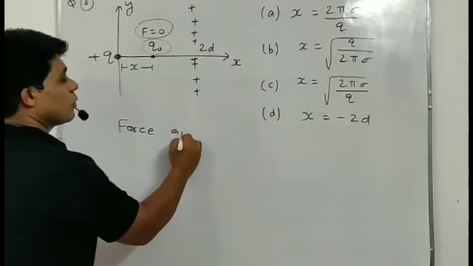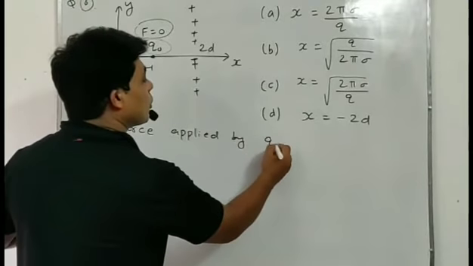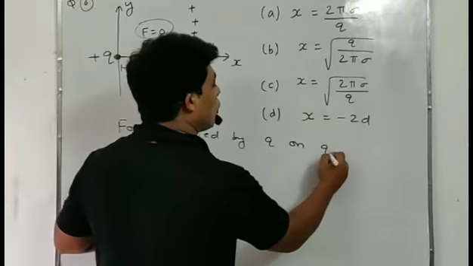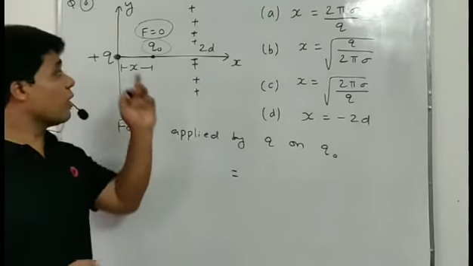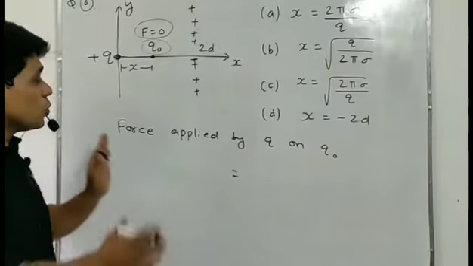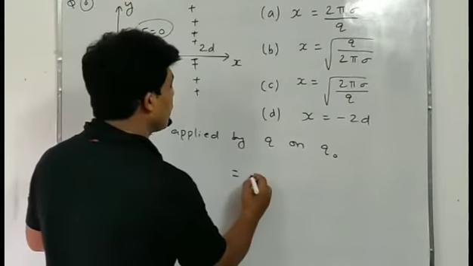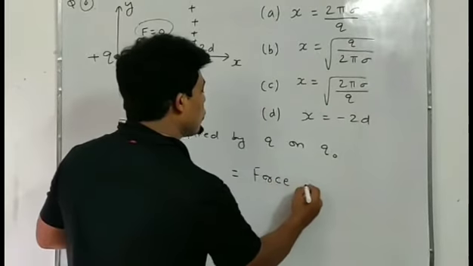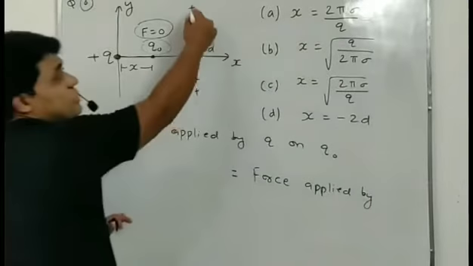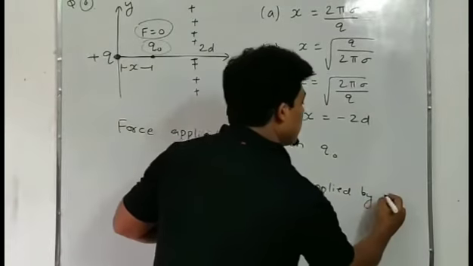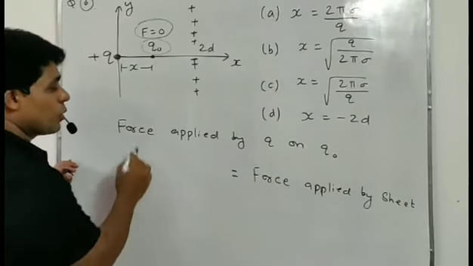the force applied by q on q naught, we know by Coulomb's law, every charge exerts force on another charge. So the force exerted by this charge on the test charge will equal the force applied by this sheet on the test charge q naught.